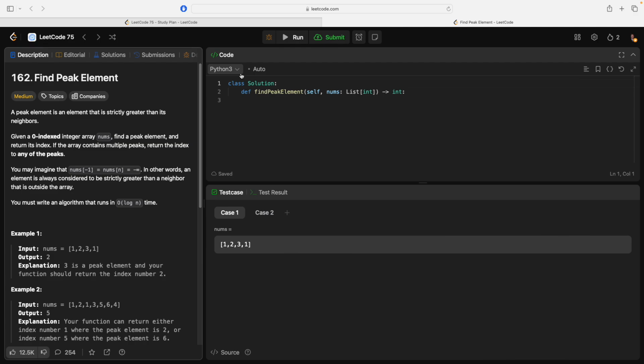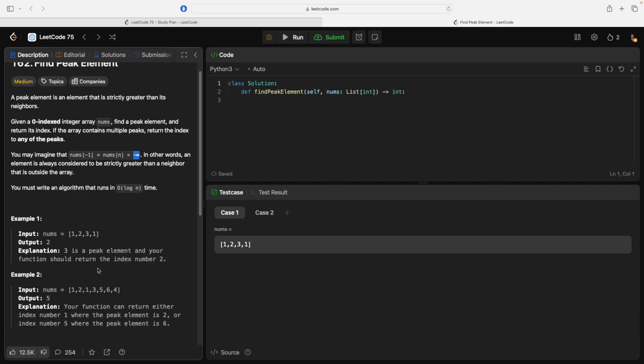So it's saying these two are to the left of the zero index and right of the last index, and they're both negative infinity, so that would return the last index. Okay, cool. You must write an algorithm that runs in log n time.